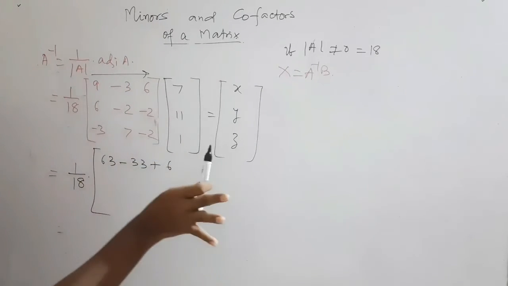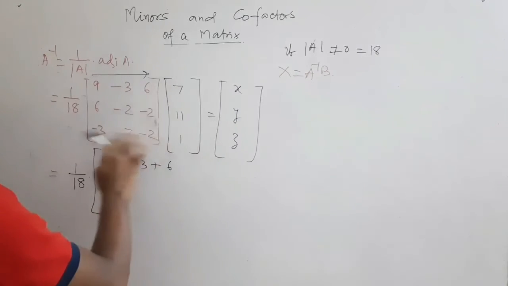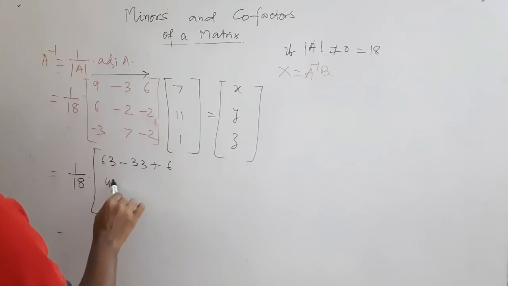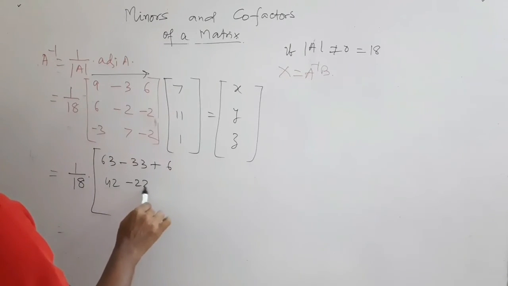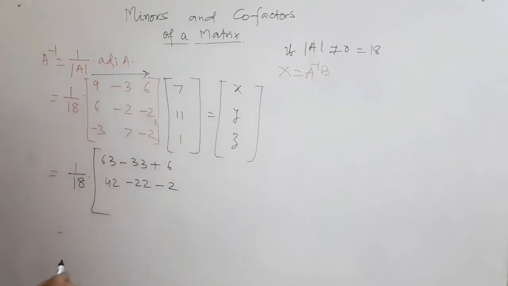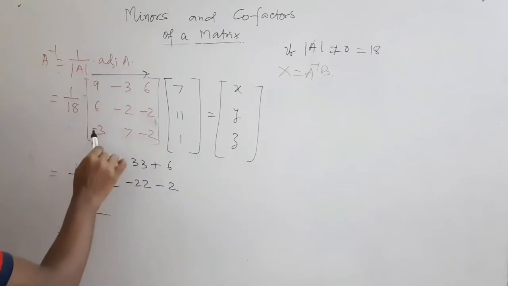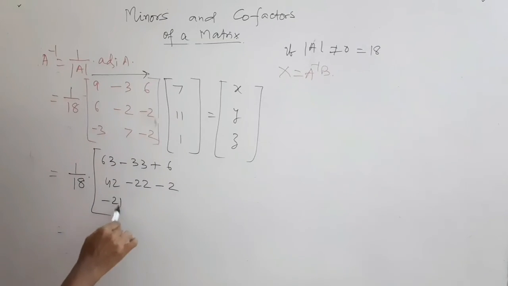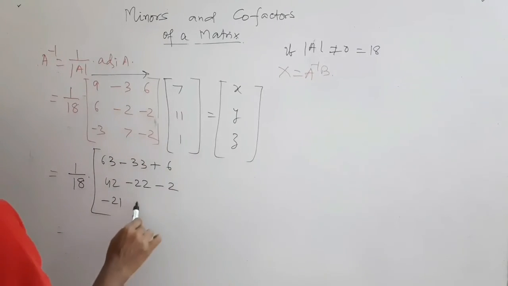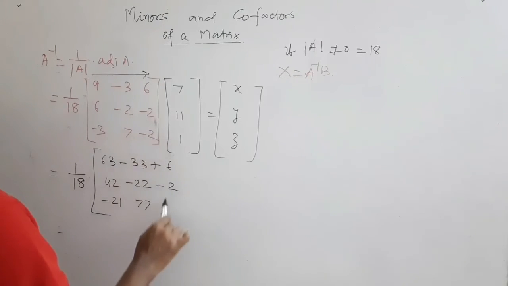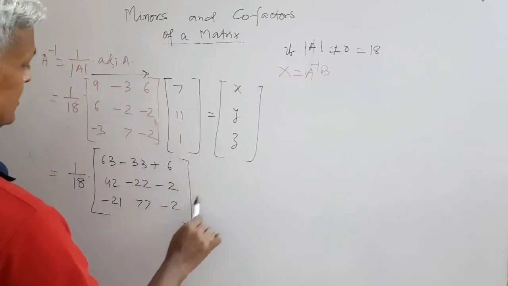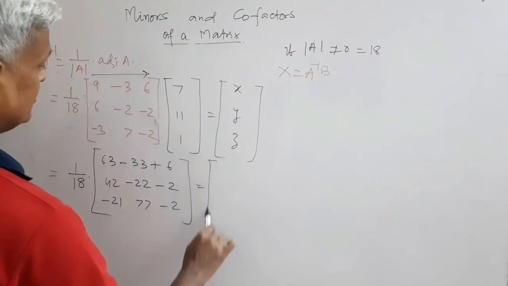The first row, first column done. Now second row, first column: 6 sevens are 42, minus 22, minus 2. Minus 2 into 1, minus 2, minus 2 into 11, minus 22. Minus 21, and then 77, and then this is minus 2.